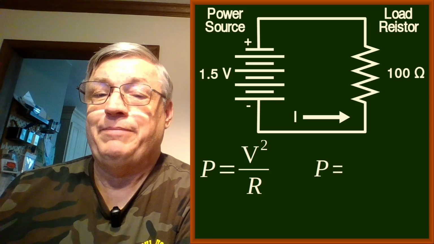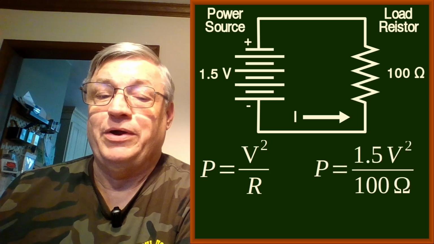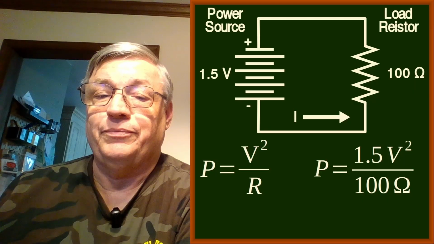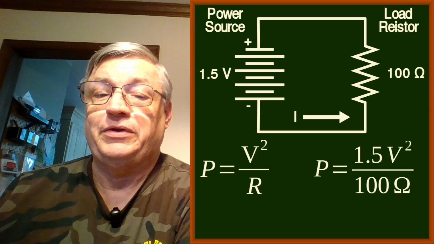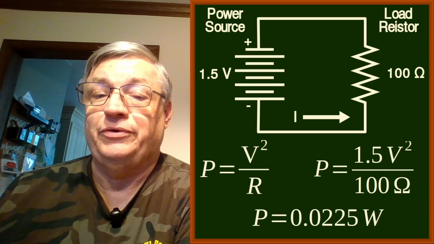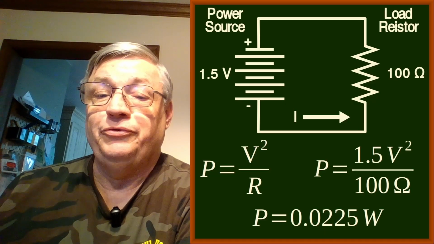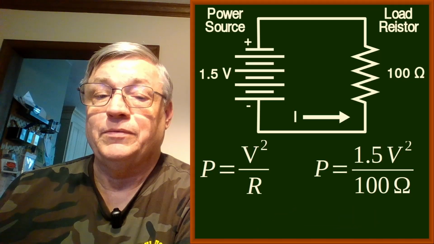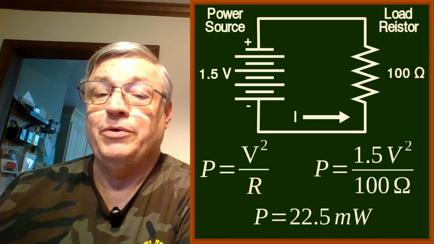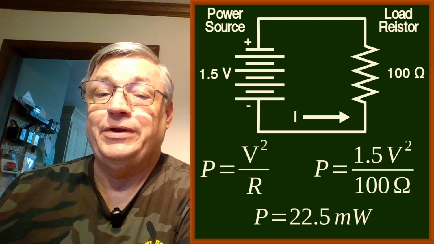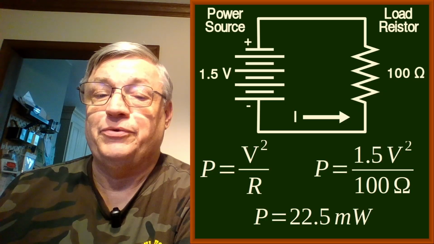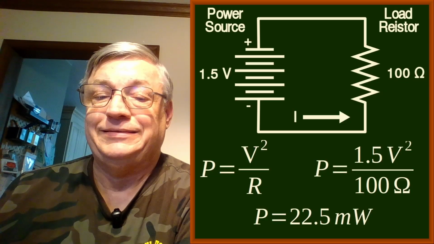So we can say power equals 1.5 volts squared over 100 ohms. Or more specifically, power equals 0.0225 watts. Or we'll use the milli designation for 22.5 milliwatts.